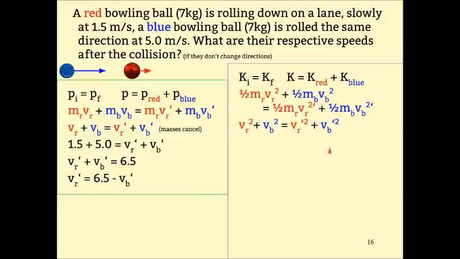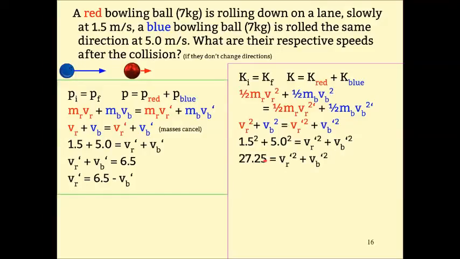Now I'm going to put the numbers in just like I did on the momentum side. So I have 1.5 squared plus 5 squared is equal to this sum of the squares of the velocities. And now I square and add these together, and it comes out to 27.25.